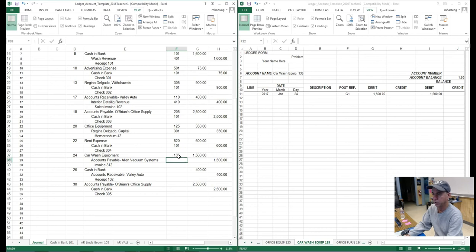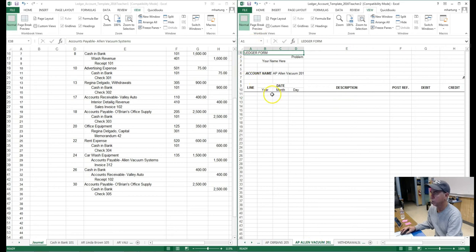That's our next entry. This credit here, it looks like we owe Allen Vacuum Systems the money. Accounts payable. We haven't paid for it yet, so it's not a cash entry. It is a payable. So at the end of the month or at the beginning of the next month, we'll probably make a payment on this. $1,500. So we need to go to our 200 level accounts. Liabilities. There it is right there, 201.